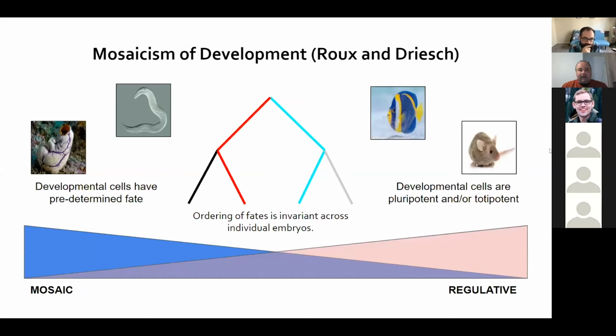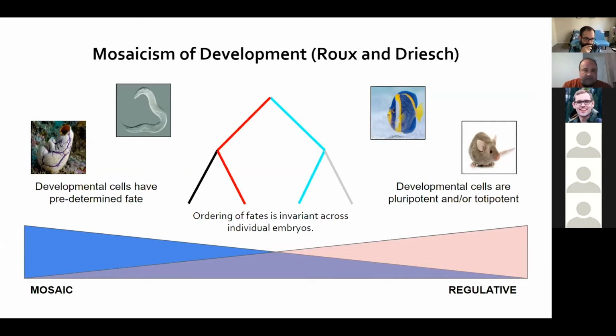And so what I'm talking about here is actually a larger theoretical issue having to do with the mosaicism of development. So in embryonic development, most animals exist between 2 different poles, either the mosaic form or the regulative form of development.